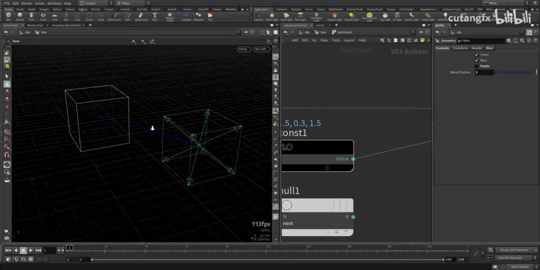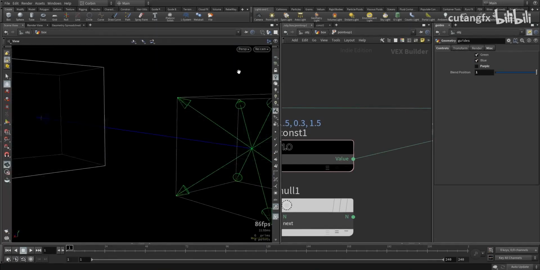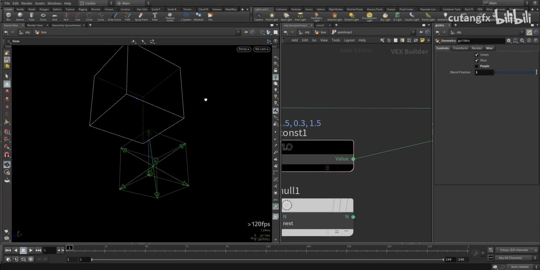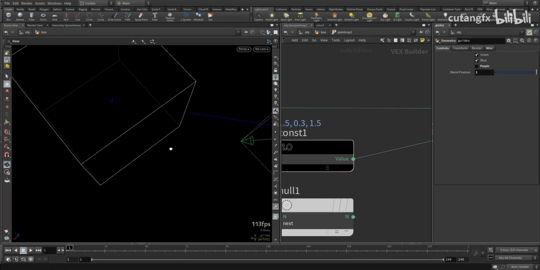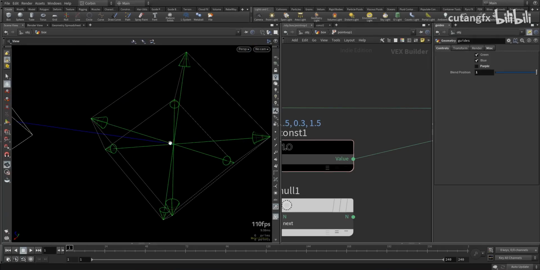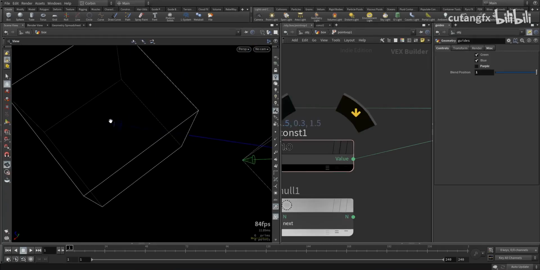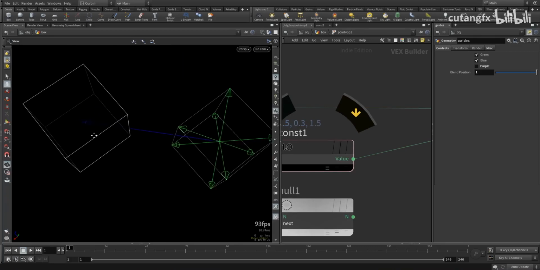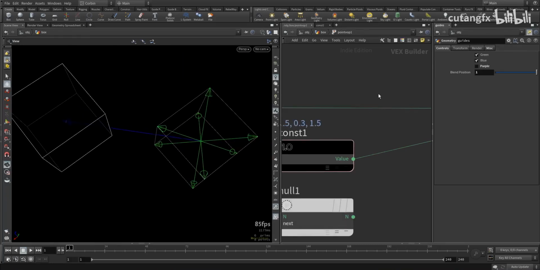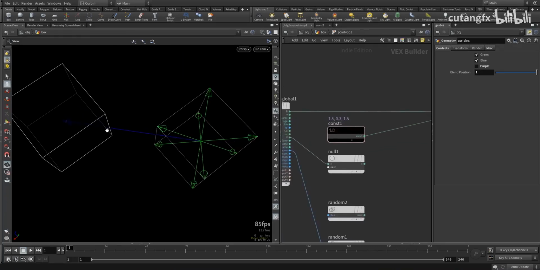Okay? So you'll see here now, in fact, I'll switch the grid off just so we can see a little more clearly. You can see what's happening here where the blue vector is going from the origin to this position in space. And that's what's resulting in the offset of the entire cube. The entire cube and all of its points are moving because we're giving it one single constant value.